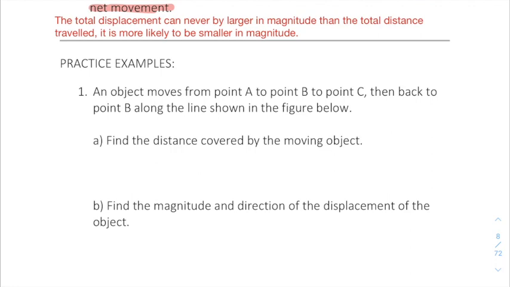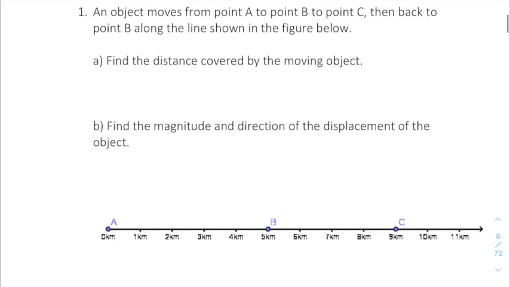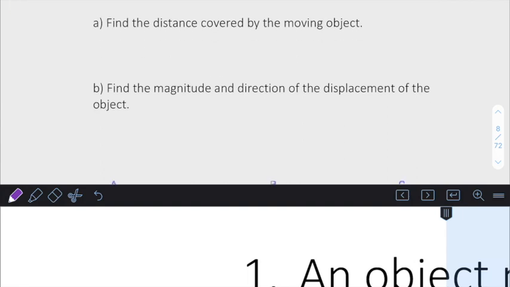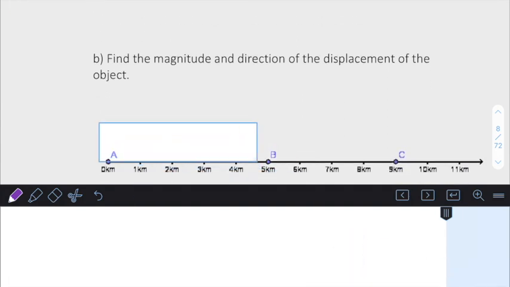All right, so let's look at this example here. An object moves from point A to point B to point C, then back to point B along the line shown in the figure below. And so here's our line. So let's see. It moves from point A to point B. So we're going to start with an arrow here.